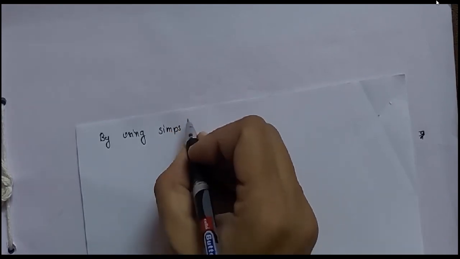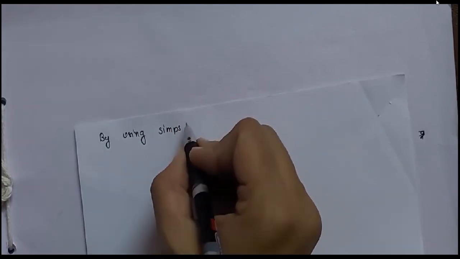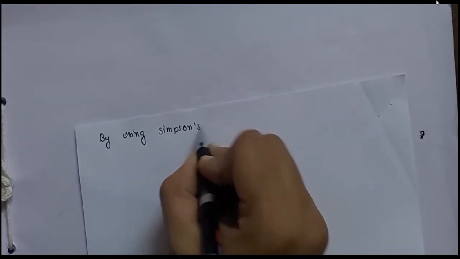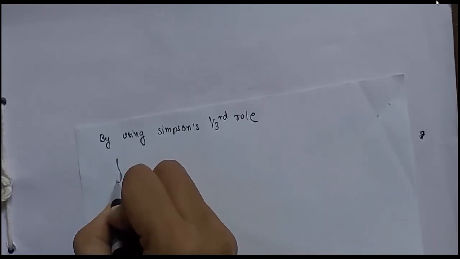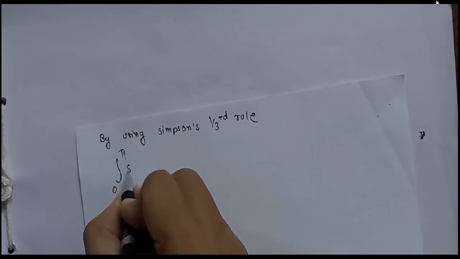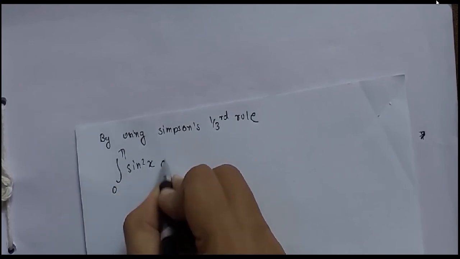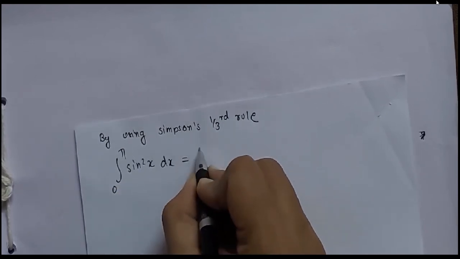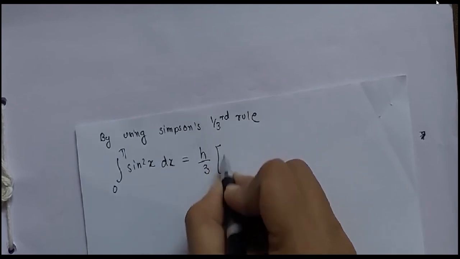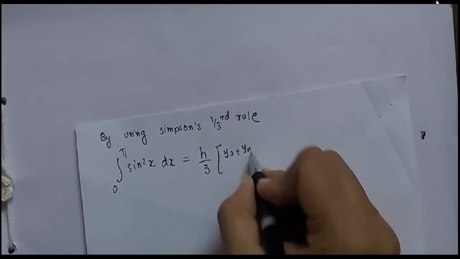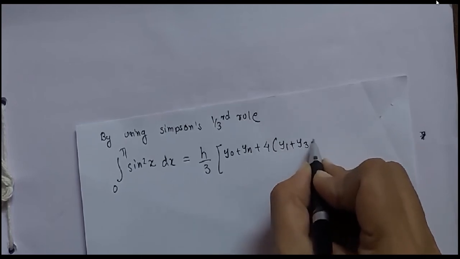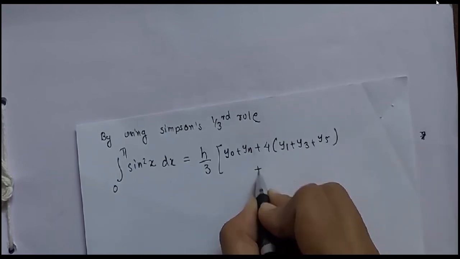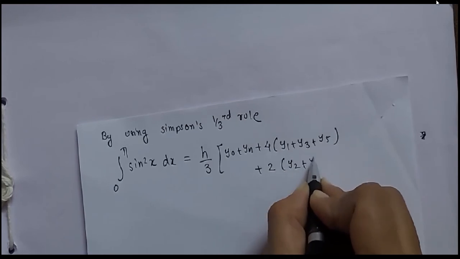Now we are going to solve the same problem by using Simpson's 1/3 rule. Integral 0 to pi sine square x dx is equal to h by 3, we know, [y0 plus yn, plus 4 times the odd terms plus 2 times the even terms].